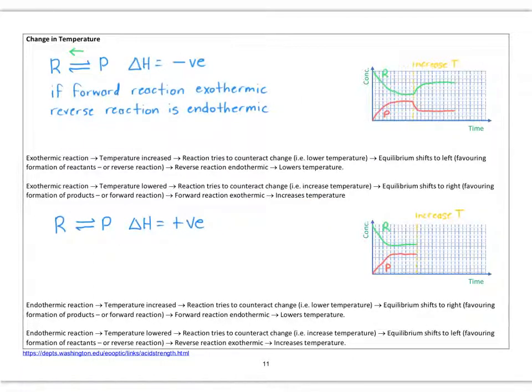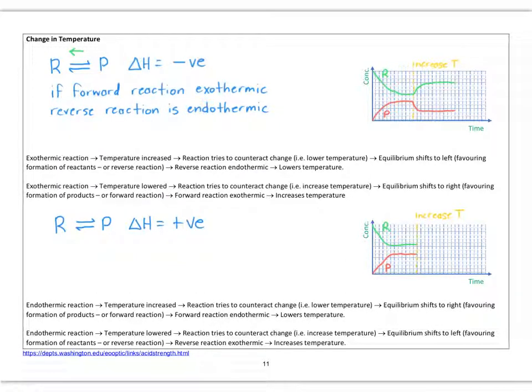Now we will look at an endothermic reaction. So if we've got some reactants going to products, endothermic, positive enthalpy change. If we increase the temperature, the reaction tries to counteract the change and lower the temperature. That means, in this case, the equilibrium shifts to the right. It shifts towards the products because the forward reaction will absorb energy and lower the temperature.